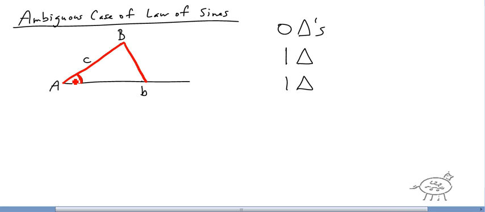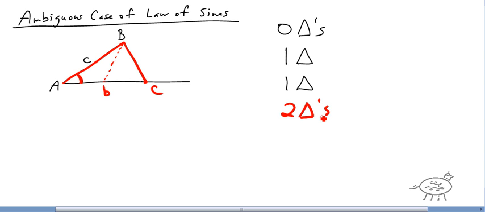I can label this now: this is angle C over here, and this is my side B. But instead of putting that point right here, how about if I put it over here? I can flip that around to both sides. So I actually have 2 different triangles that I can form given one side. So in this case, I have 2 triangles.